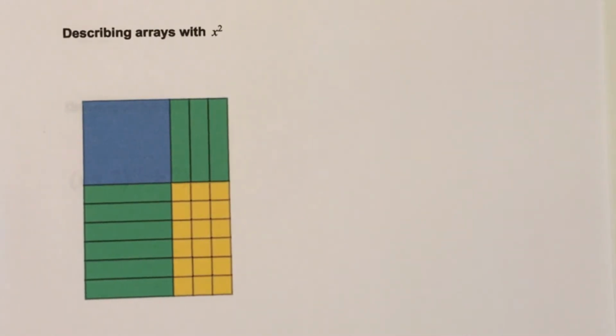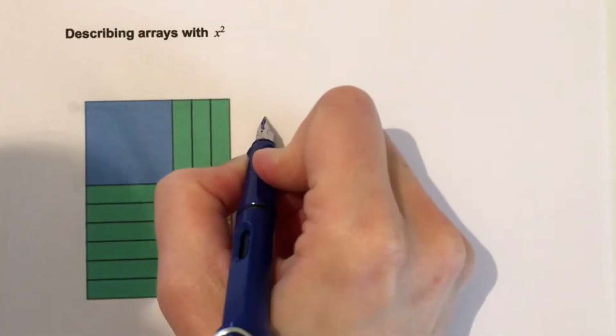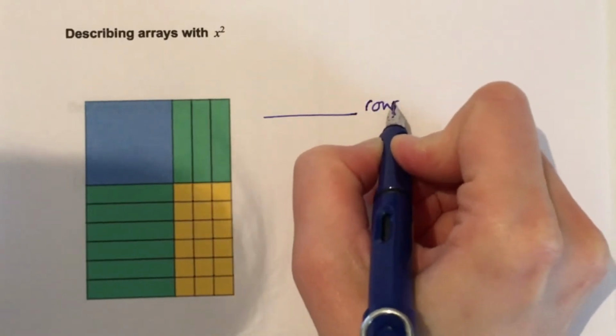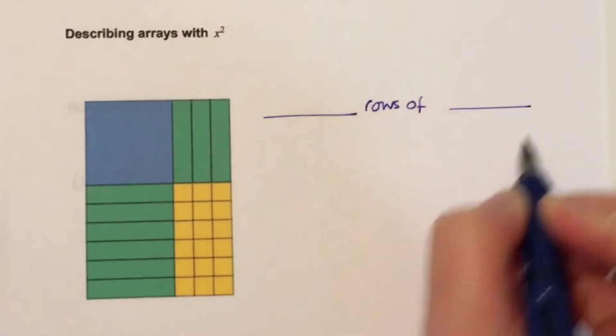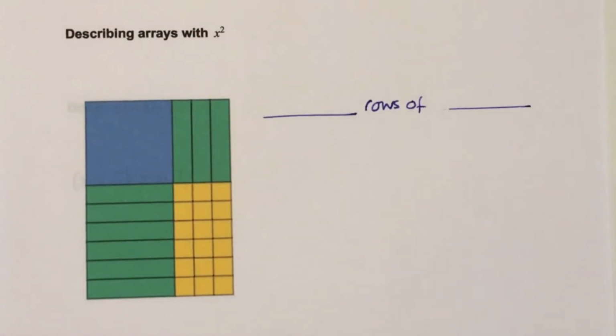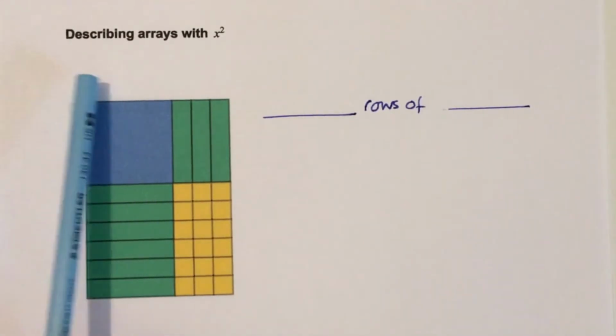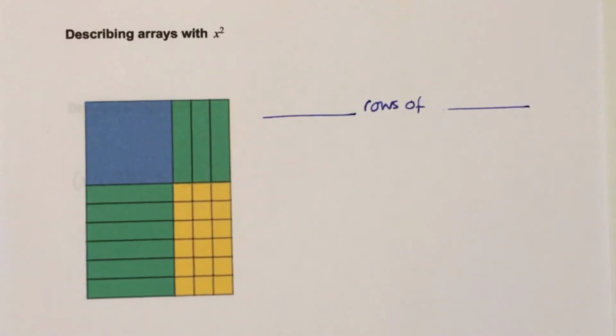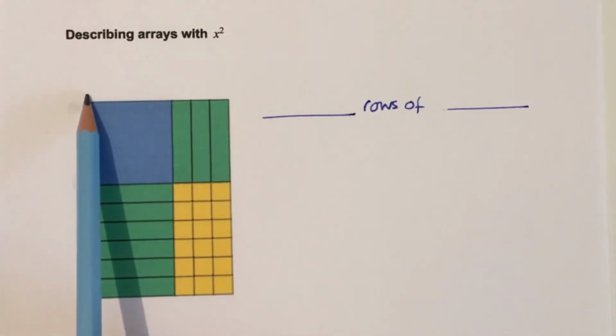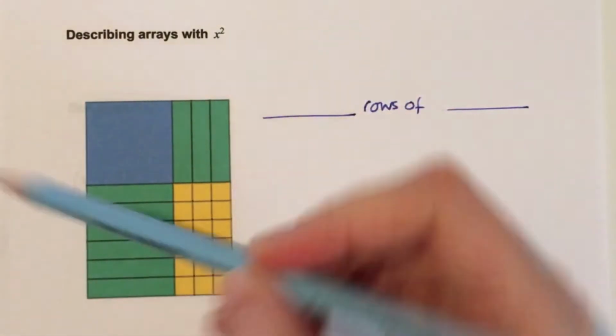To describe this array, we have to state there are something rows of something. Okay, so that's how we would describe an array. Basically what we need to know is the length, or how we would describe in terms of x and ones the sides of our diagram.